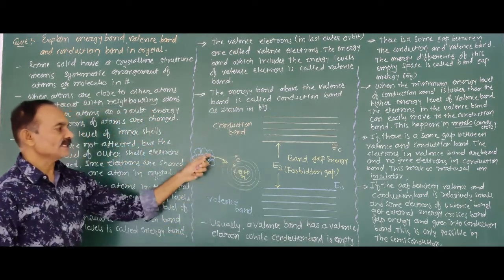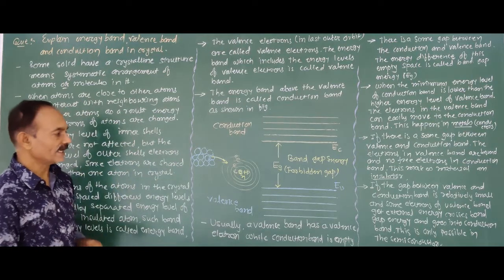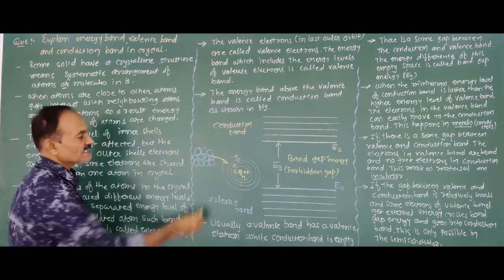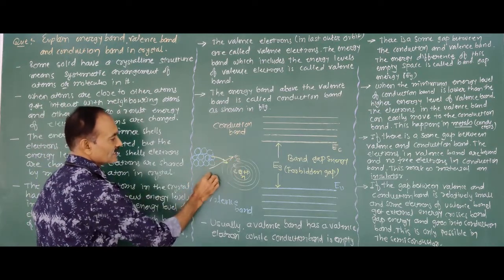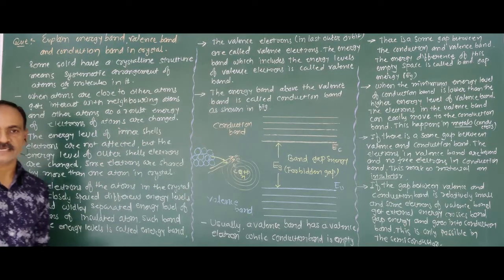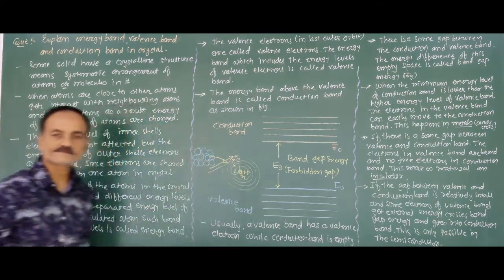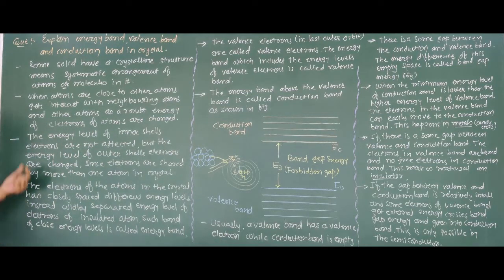When one atom is close to another atom, due to the interaction between the atoms, the energy level of the outer shell electrons is affected, while the inner shell electrons are not affected, since the electrons are shared by more than one atom in a crystal.